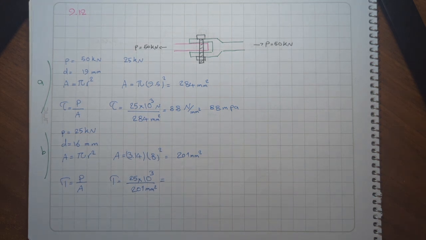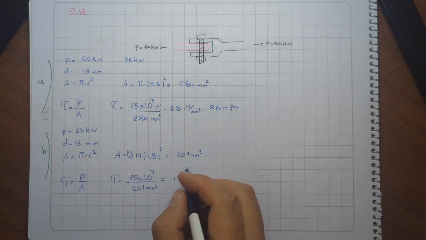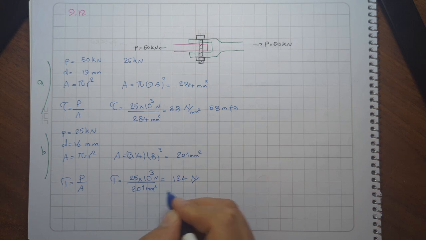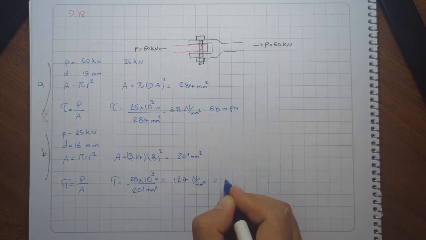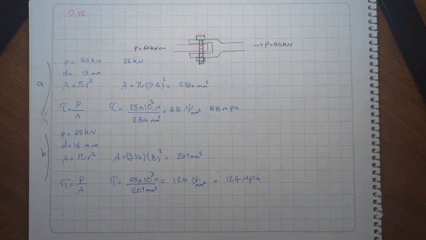The answer is gonna be 124 newtons per millimeter square, or 124 megapascal. And now we want to see what's the percentage increase.